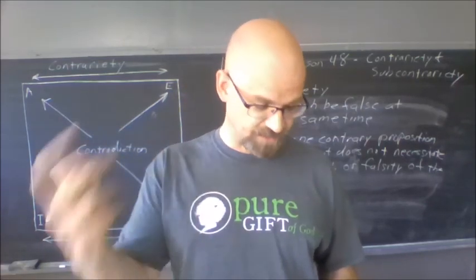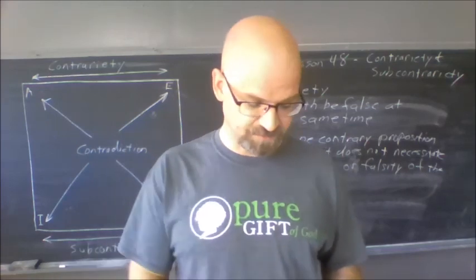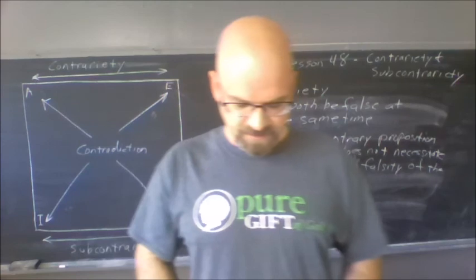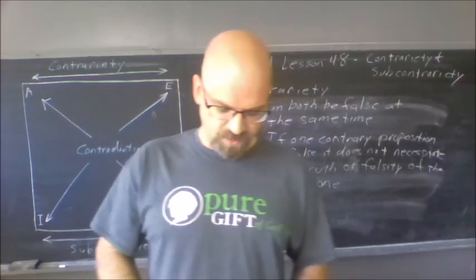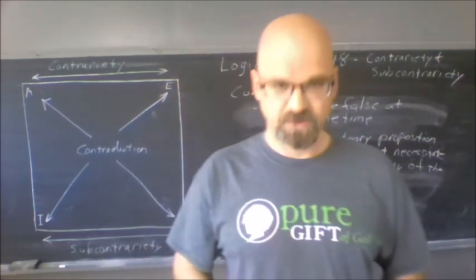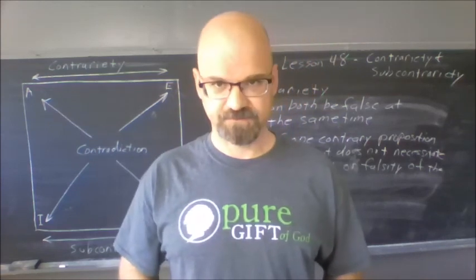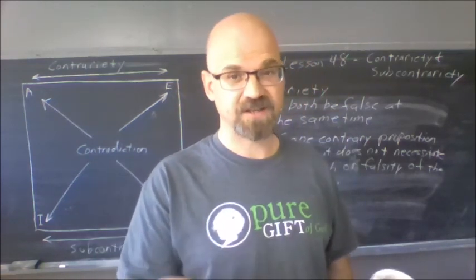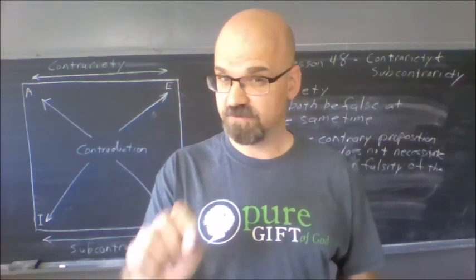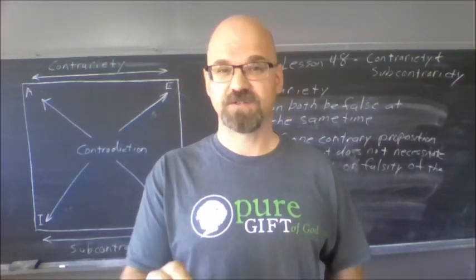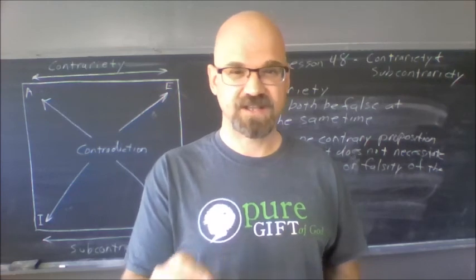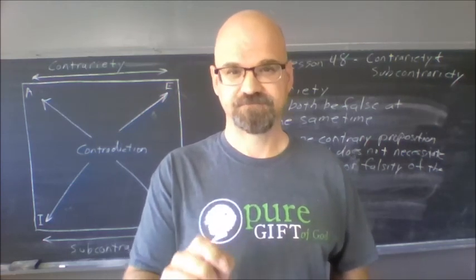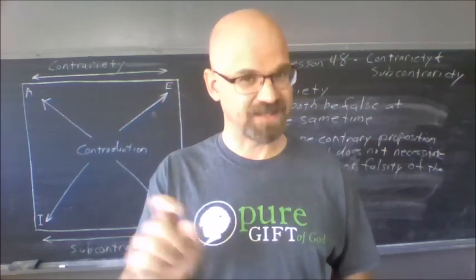And so then under letter C, you would say something like, these propositions follow the rules of contrariety because they state that if one contrary proposition is true, the other must be false. So again, we know that if one statement of contrariety is true, the other must be false. But also remember that if one is false, it doesn't necessarily mean that the other is true. They could both be false, but they can't both be true.